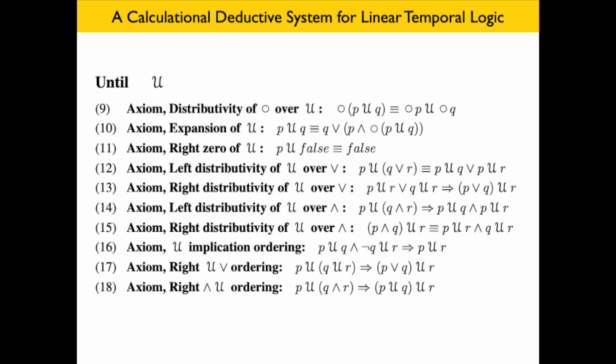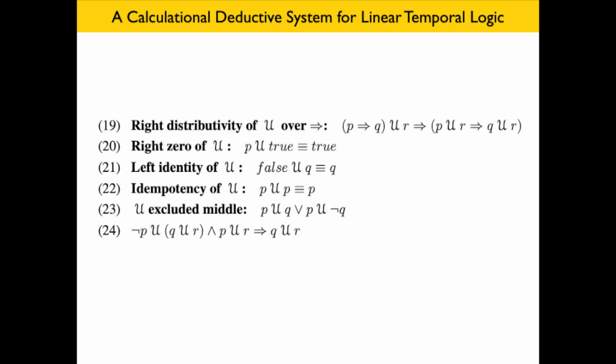So here with the until operator, we have 3 additional axioms that were not present when the lecture was originally recorded, numbers 16, 17, and 18. And these are the ordering axioms, and we will not have much to say about those at this time.